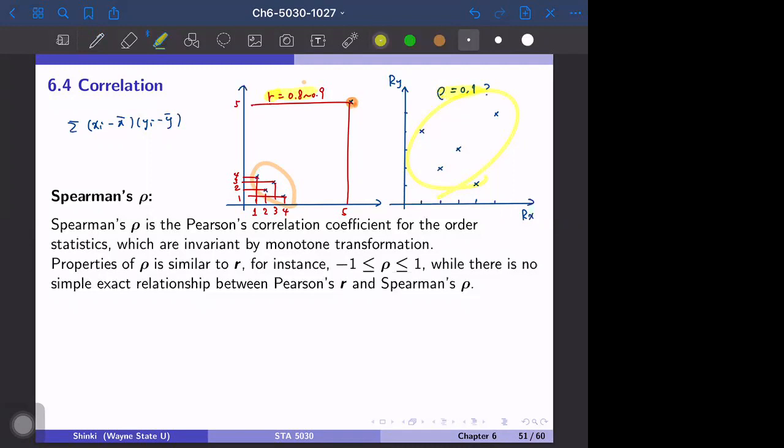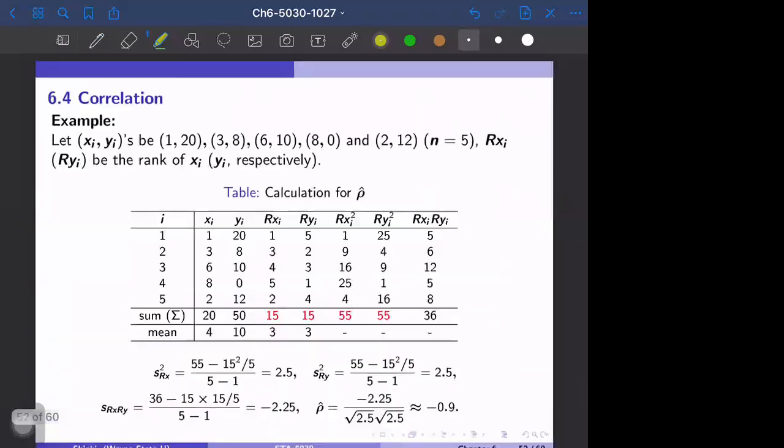It's somewhat related, but we use the rank or the order statistics for rho, so we have a slightly different definition, and we don't have a direct simple relationship between these two.